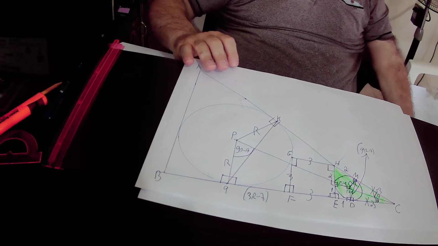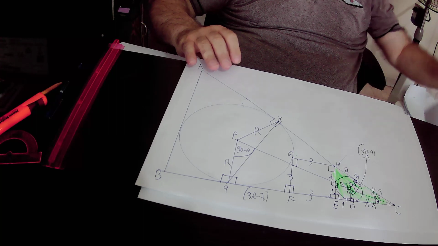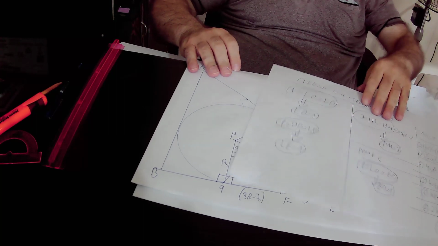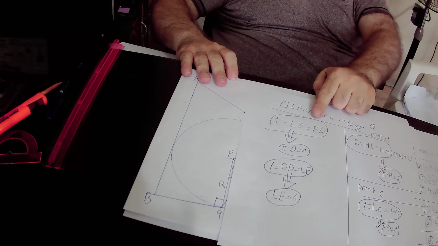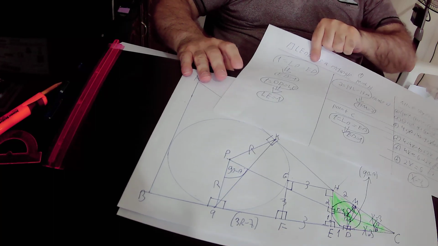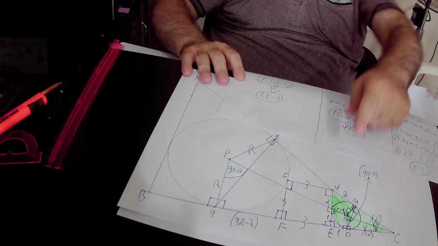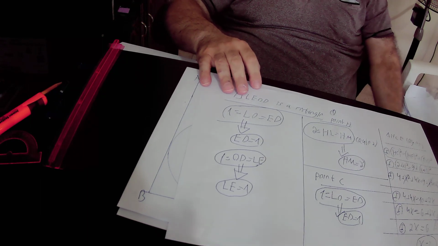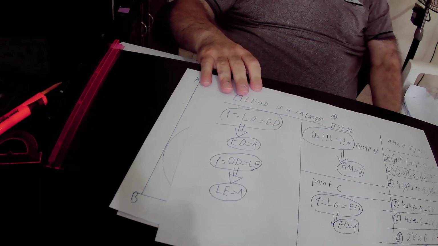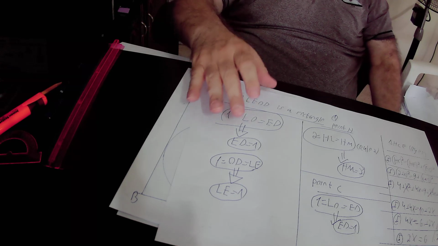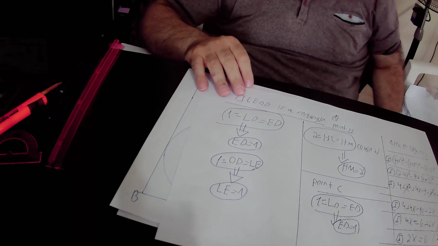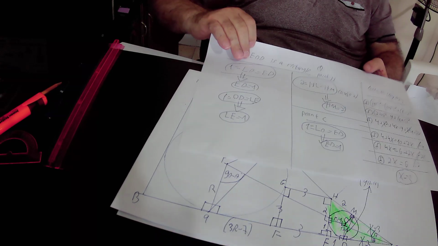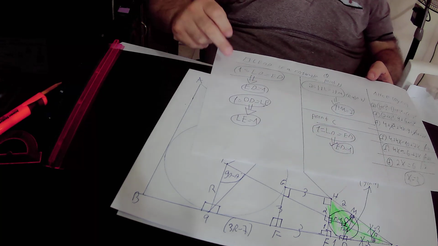Therefore, in rectangle LOED, side LO equals side ED, but we know that LO is the radius of the circle that is equal to 1, so we can write that LO equals 1, and from this equation, LO equals ED, we derive that ED is also equal to 1.